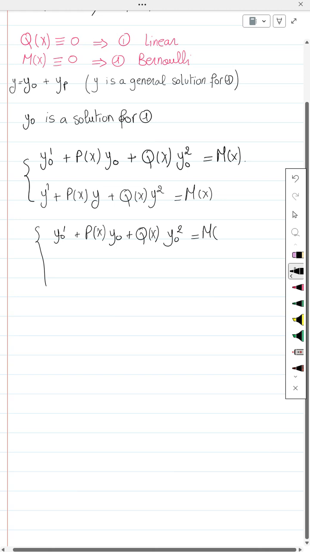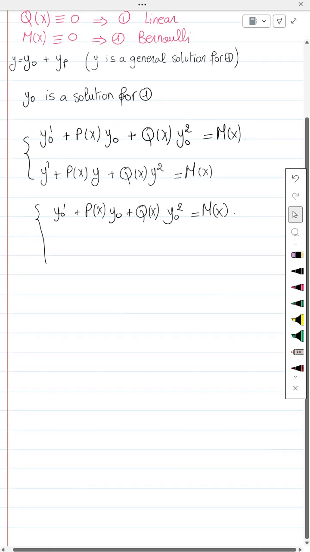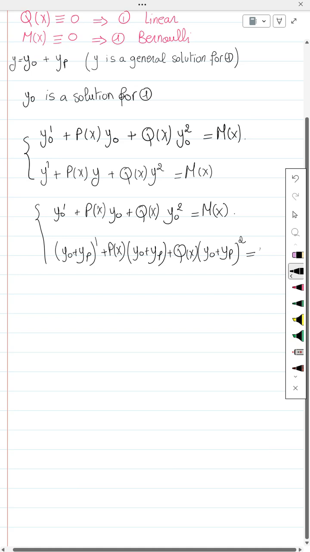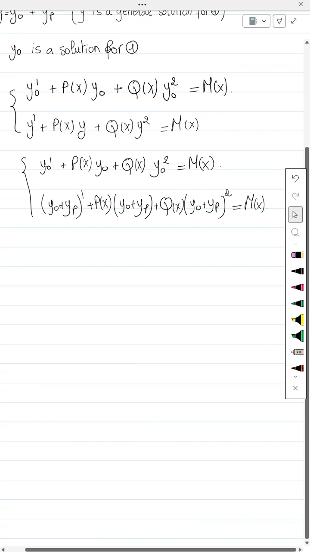This is the same equation. And we have (y0 plus yp) prime plus p(x) times (y0 plus yp) plus q(x) times (y0 plus yp) squared is going to be equal to m(x). As you can see here, this is equal to m(x), and this is equal to m(x), so this is going to be equal to this.